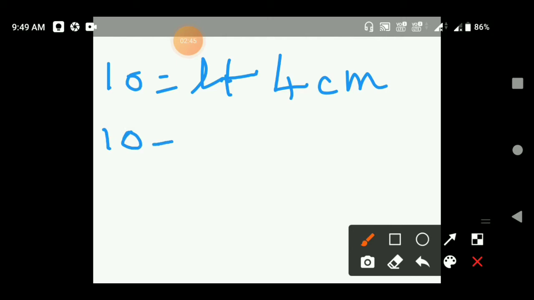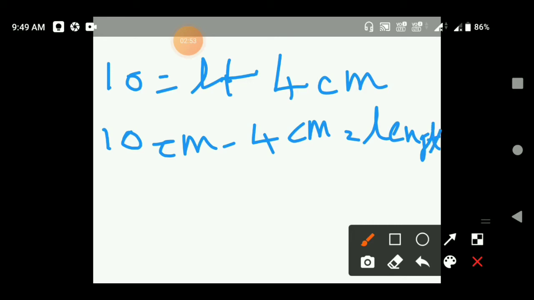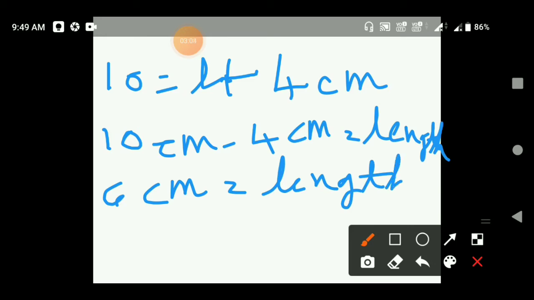So 10 centimeter minus 4 centimeter is equal to length. So 10 minus 4 is equal to 6 centimeter is equal to length. So here length is 6 centimeter.